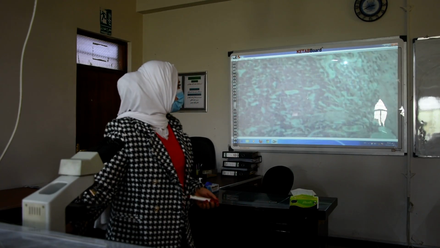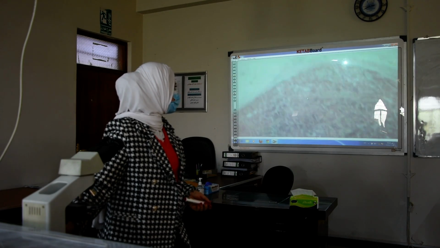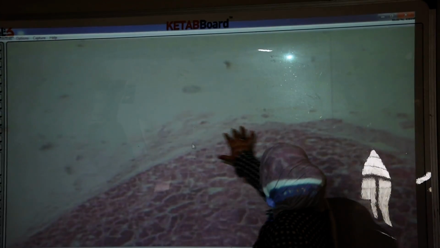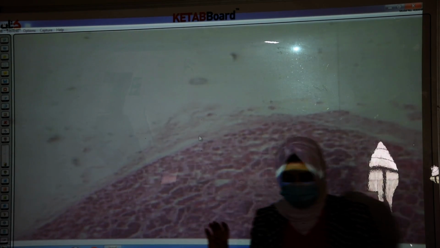So all these are in the adenohypophysis. This is the capsule that surrounds the whole gland.